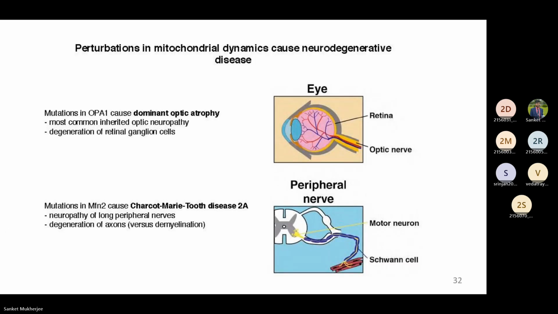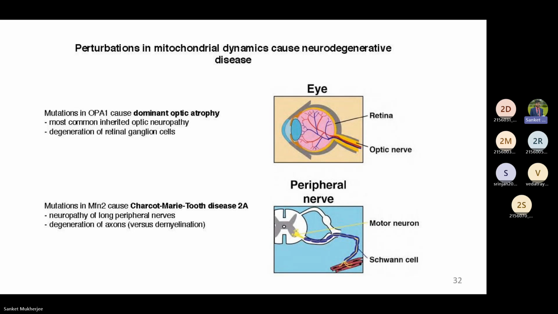Changes in the proteins which are involved in mitochondrial dynamics, if we have mutations there, lead to neurodegenerative diseases, like OPA1 mutation. It leads to dominant optic atrophy.